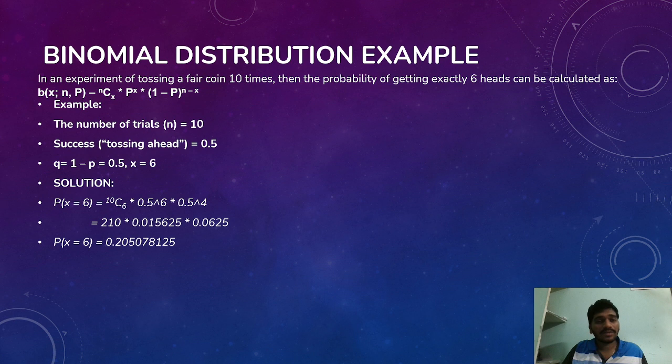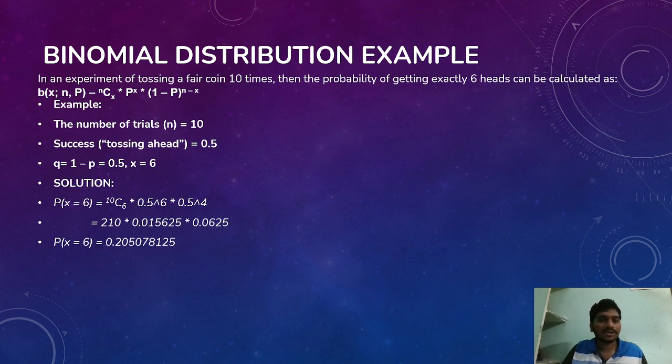For example, the number of trials n equals 10. The success of tossing a head equals 0.5, and in this case the probability is 1 by 2. The success indicates p, so the failure indicates q. So q equals 1 minus p equals 0.5, and x equals 6.